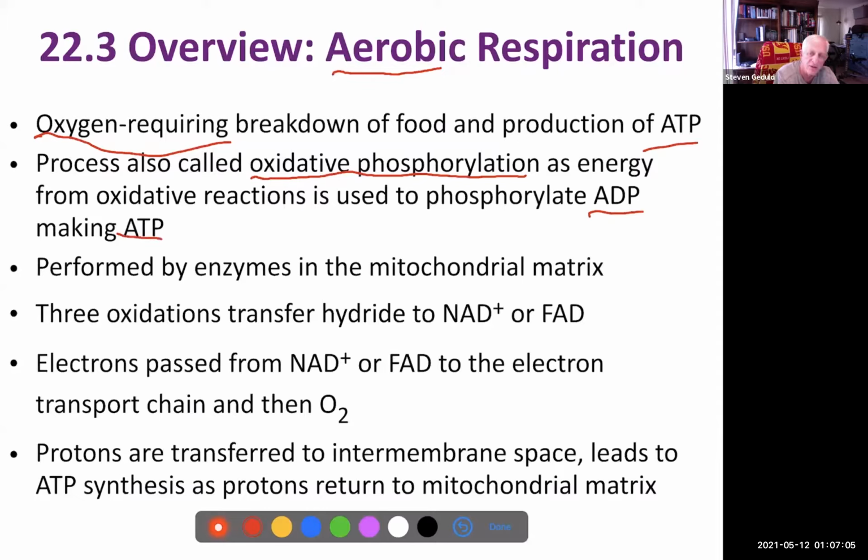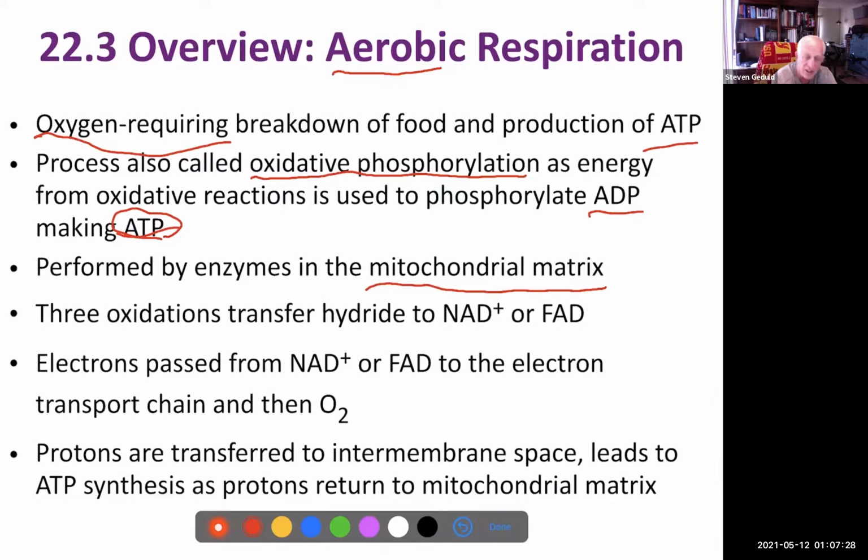So you're adding a phosphate group to ADP, making it from adenine diphosphate to adenine triphosphate. And ATP is our energy source for the cells of the body. It's performed by enzymes in the mitochondrial matrix. So once it's in the mitochondria, you have a lot more ATP. Like when we take NAD plus, NADH generates 2 ATPs normally.